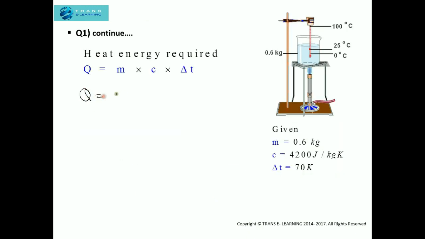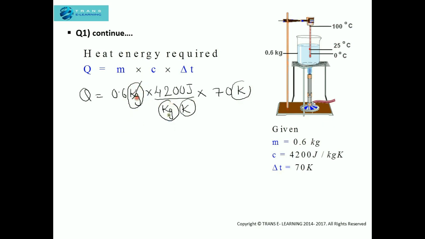As all three values are given, I will just substitute the values in this formula. Here Q equals 0.6 kg times specific heat 4200 joules per kg per Kelvin, times change in temperature 75 Kelvin. So the unit of temperature, Kelvin, will nullify each other, and the unit of mass, kg, will nullify each other. So we are left with the unit joule, which is the unit for heat energy.